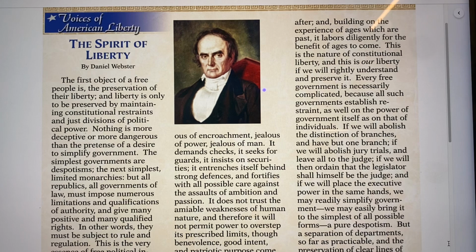He says this is the nature of constitutional liberty. This is our liberty, if we will rightly understand and preserve it. Every free government needs restraints. If we abolish the branches of our government, we won't have jury trials. We will abolish our legislation.